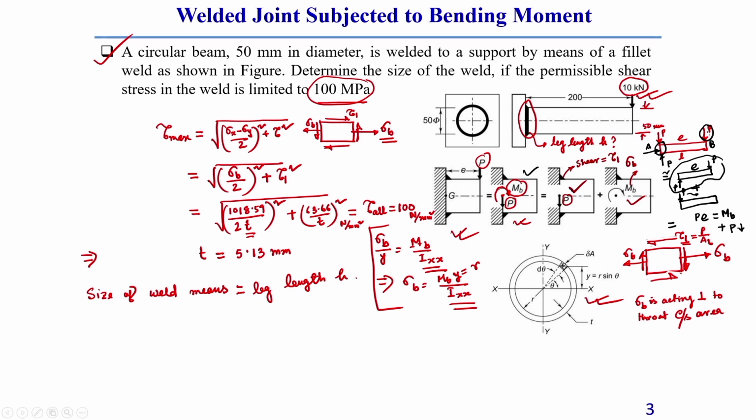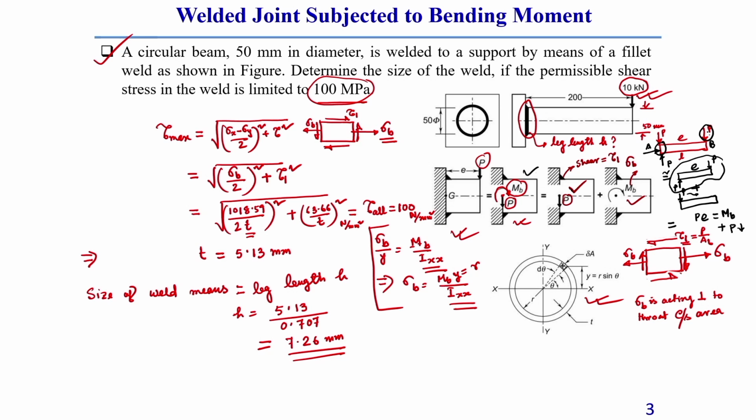So, the size of the weld h is equal to 5.13 divided by 0.707, which gives a value of 7.26 millimeter. You can consider this as the size of the weld itself.